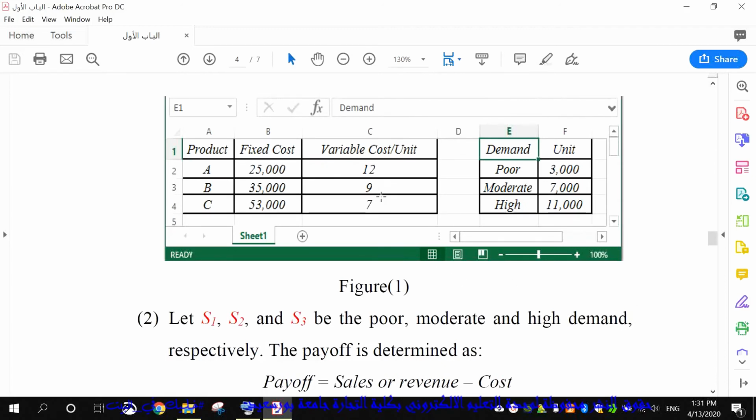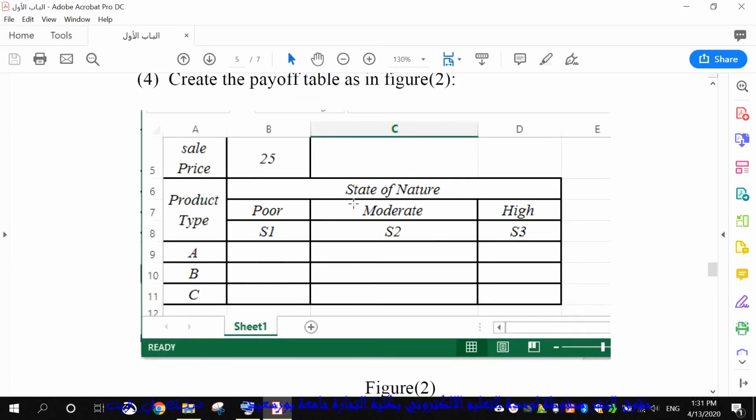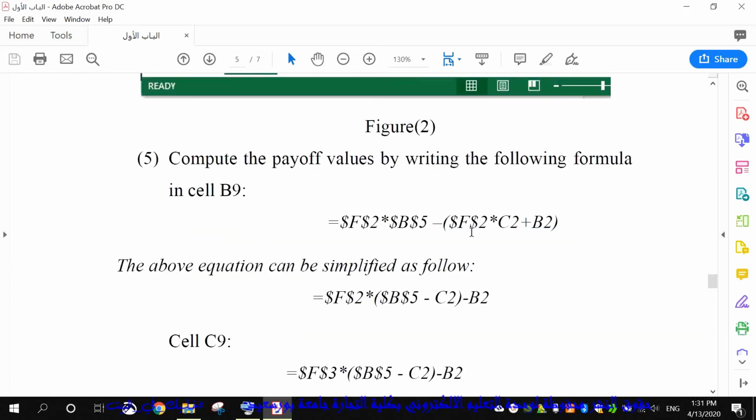You will see that the variable cost for the product A is written in cell C2. Then the variable cost will be equal to F2 multiplied by C2.